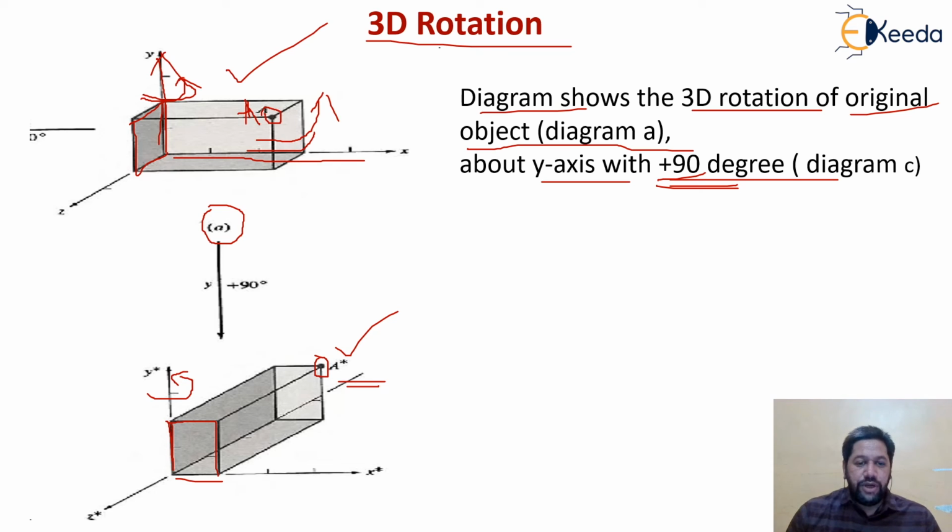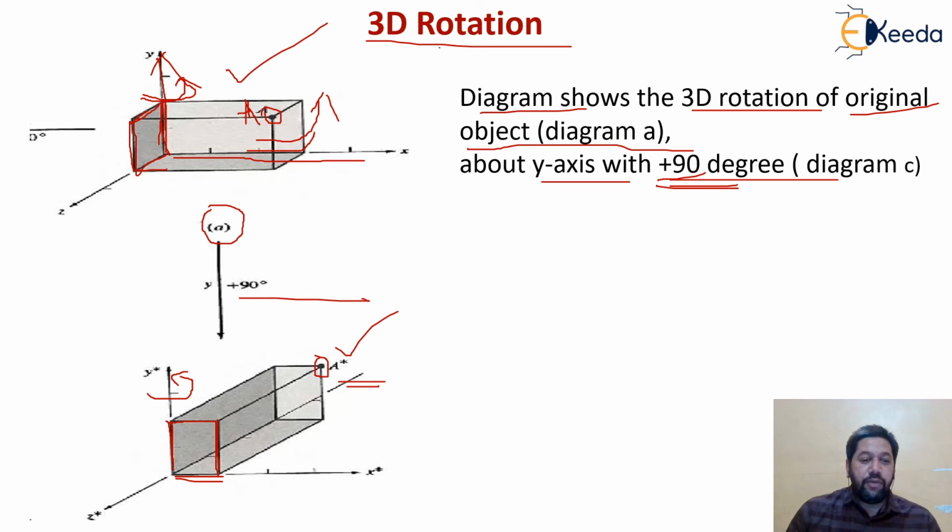Getting me? This clearly shows what I explained. This side, which is considered the y value, is coming to the front side now, and I have rotated the object appropriately. This is my plus 90 degrees.